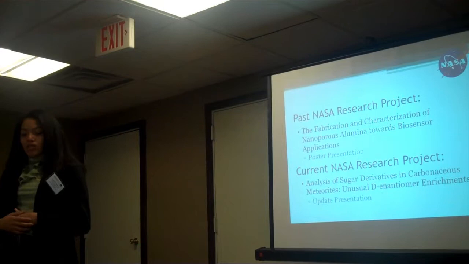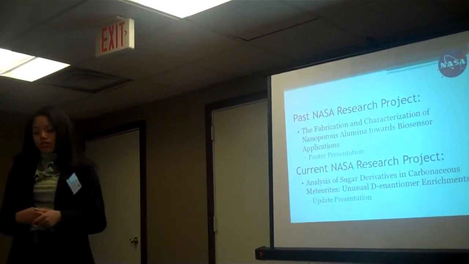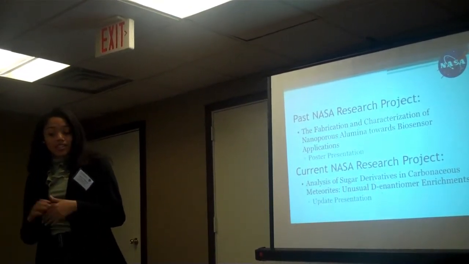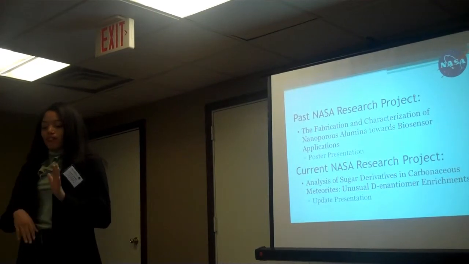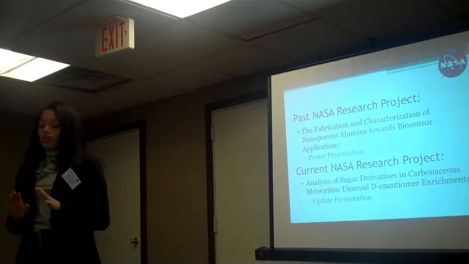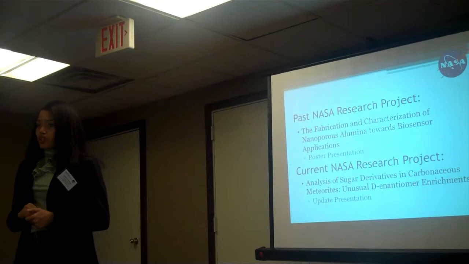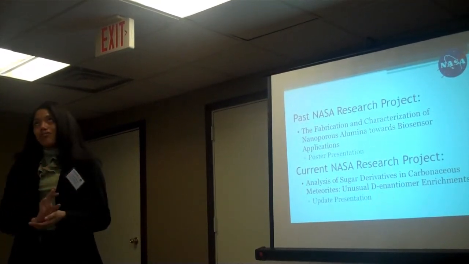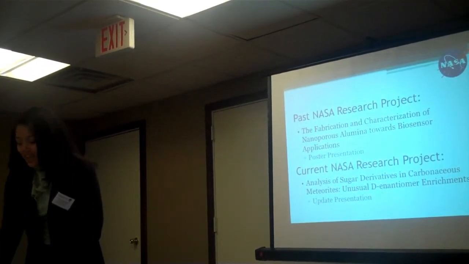current NASA project, which is the analysis of sugar derivatives in carbonaceous meteorites, and I'm examining them for unusual D enantiomer enrichments, and I'll talk more about enantiomers in a little bit.